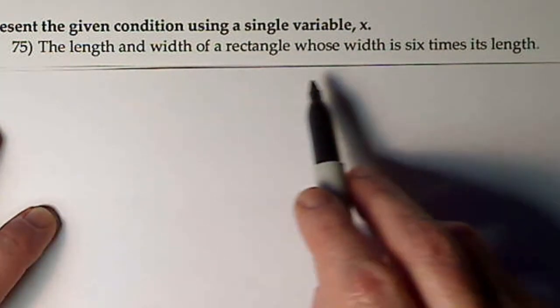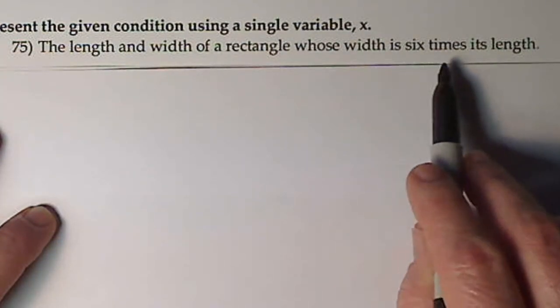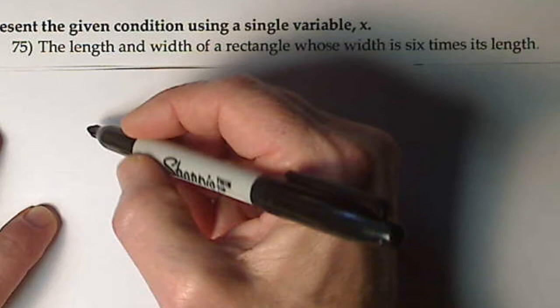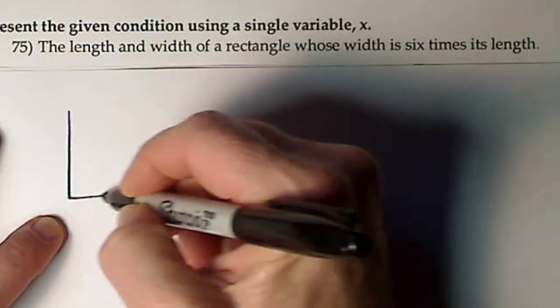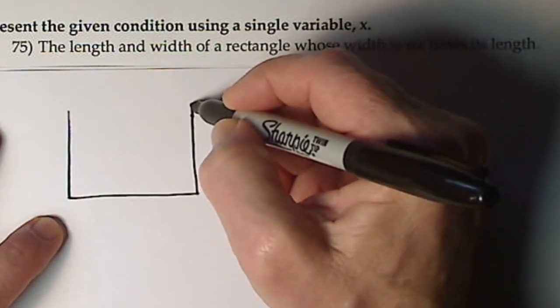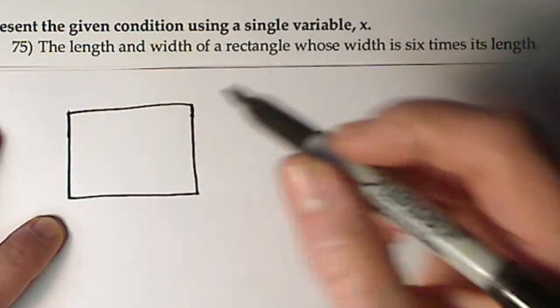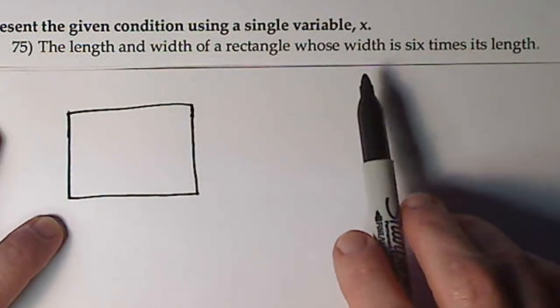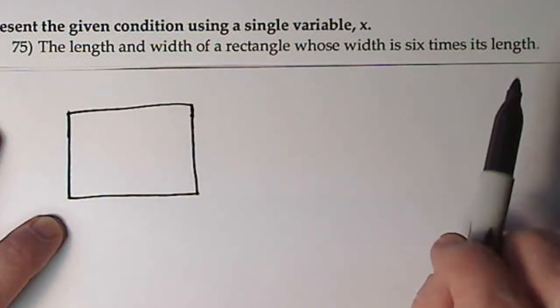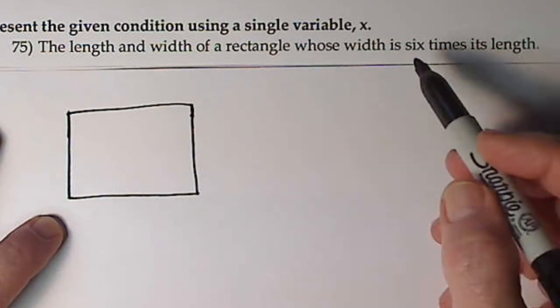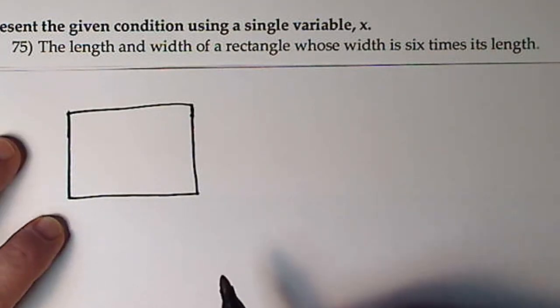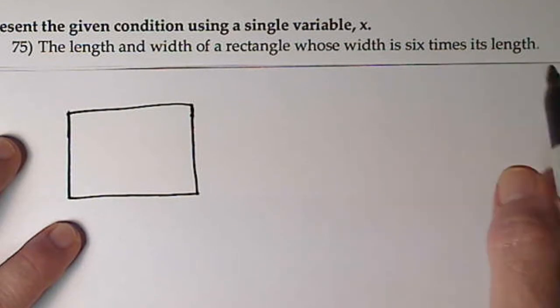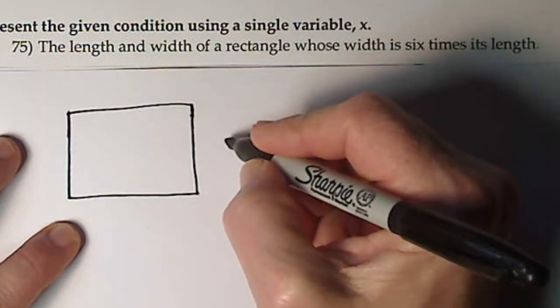So the length and width of a rectangle, whose width is 6 times its length, we'll give ourselves a rectangle. There is a slight problem with this. They should have said the length is 6 times its width, because the width is always the shortest side, but we'll just follow what they've given us.